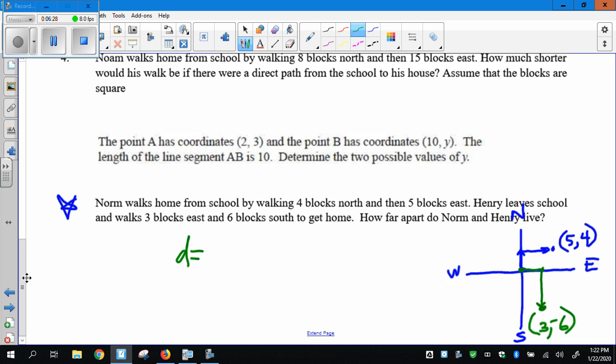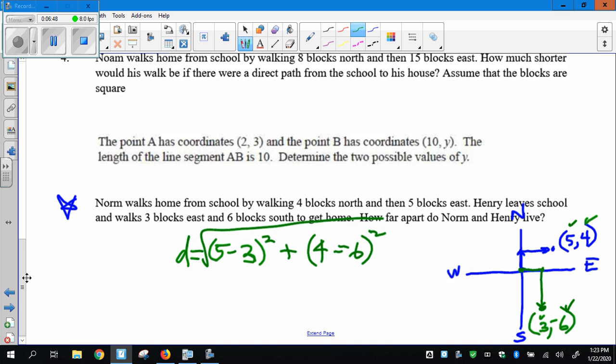The difference between the x-coordinates, the 5 and the 3, is 2. And the difference between the y-coordinates, the 4 and the negative 6, is 10. And so I get 2 squared plus 10 squared, and then the square root of that.